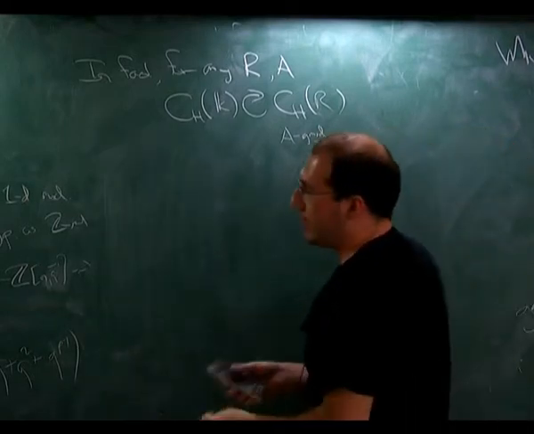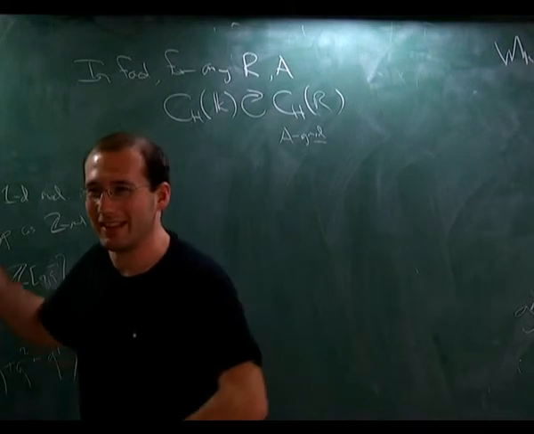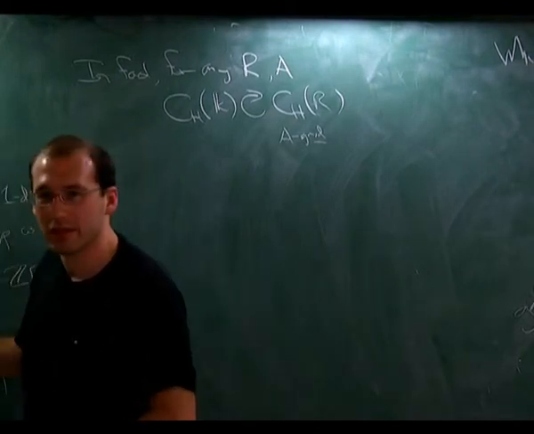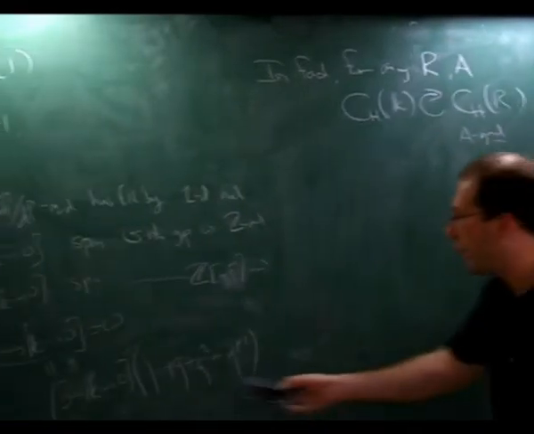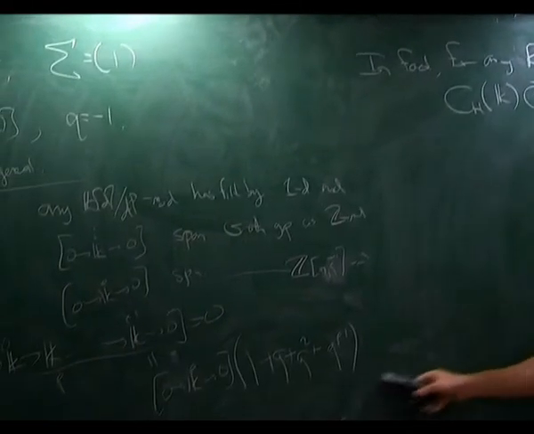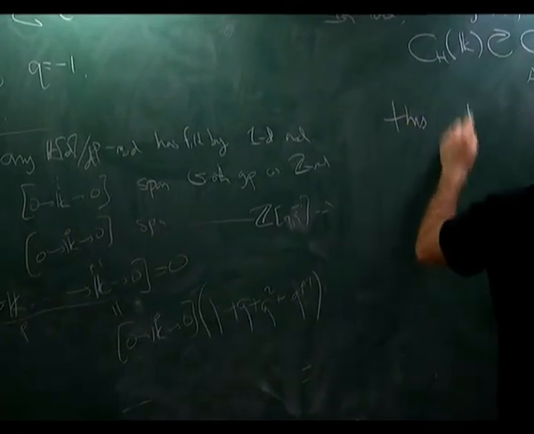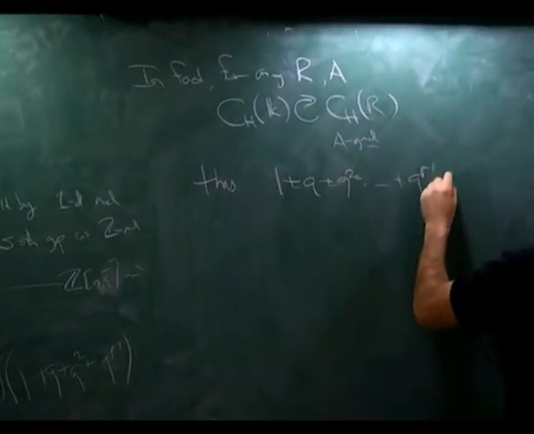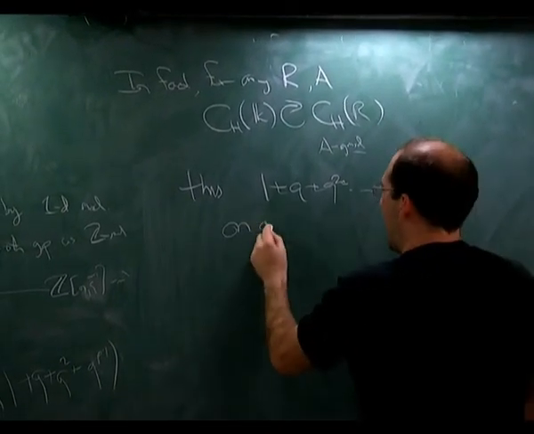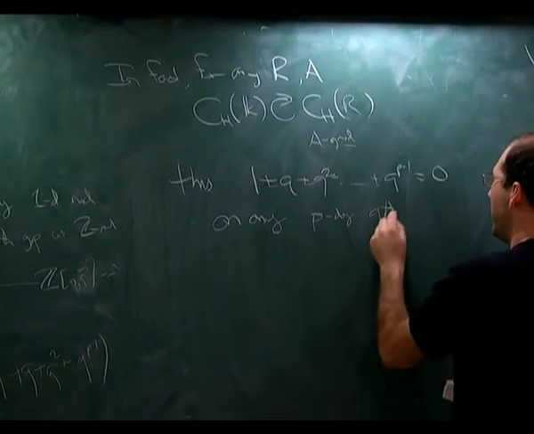If you take any module and multiply it this many times, that is like tensoring that module with this complex. It's contractible, so you get 0 in the Grothendieck group. Therefore, that module times 1 plus q squared plus ... plus q to the p minus 1 is 0. Thus, 1 plus q squared plus q to the p minus 1 equals 0 on any pdg Grothendieck group.